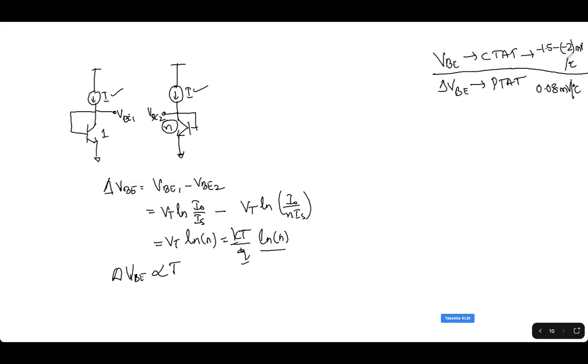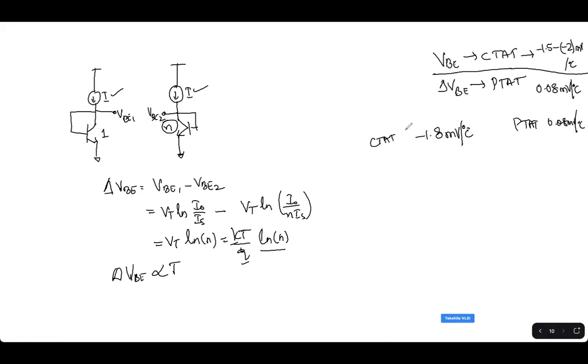You see, there is a huge difference between the slopes. In general, for all the calculations, you can take either 1.5 or 2. It depends on technology. If I remember right, for the GPDK 45 nanometer technology, the number comes around 1.8 millivolts per degree Celsius for CTAT. For PTAT, the number is 0.08 millivolt per degree Celsius.